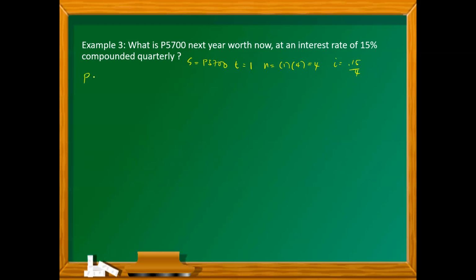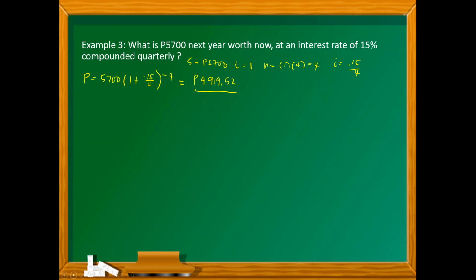And P equals 5,700 times 1 plus 0.15 all over 4 raised to the negative 4. Using your calculator and rounding off your answer to the nearest hundredths, you'll come up with 4,919.52.